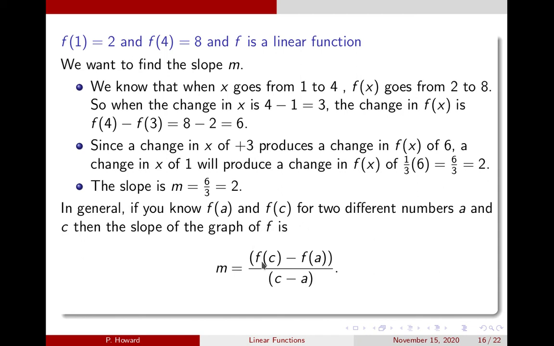We took f of c minus f of a, that's the change in f, and we divided by c minus a, that's the change in x, and that gave us the change in f of x per unit change in x. I put the outer parentheses around the numerator and denominator because they will be necessary on some calculators if you're doing this calculation using a calculator.